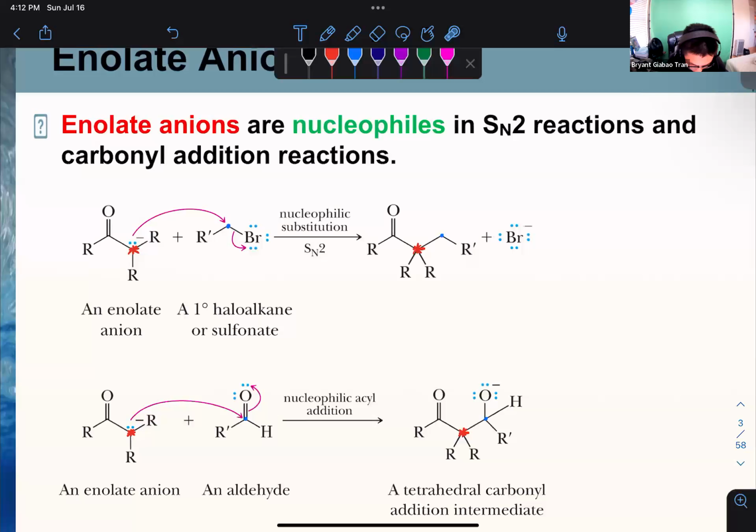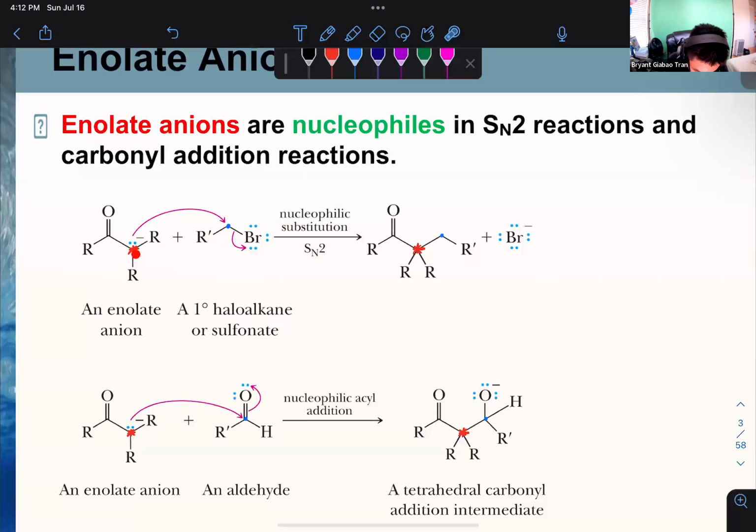And these enolate anion nucleophiles can undergo SN2 reactions by acting as a nucleophile and attacking another electrophile, like an alkyl halide. Here, this is the electrophile, and this nucleophile attacks this electrophile in an SN2 reaction.